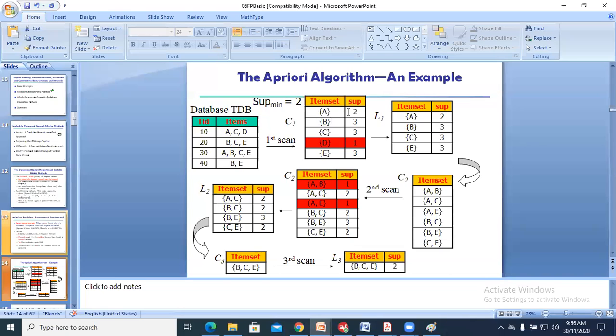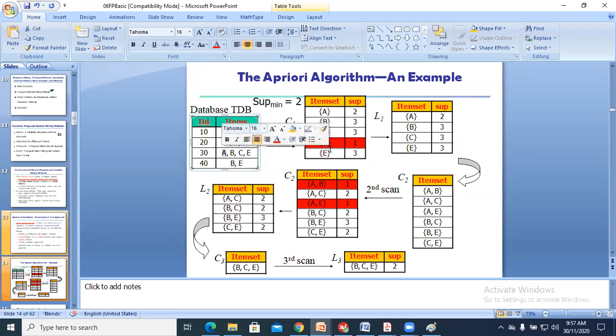So what is the support of this? The support of A is 2, because A occurs 2 times, so the count of A is 2. Similarly, we will find the count of all the items, and we have the corresponding support of each item.